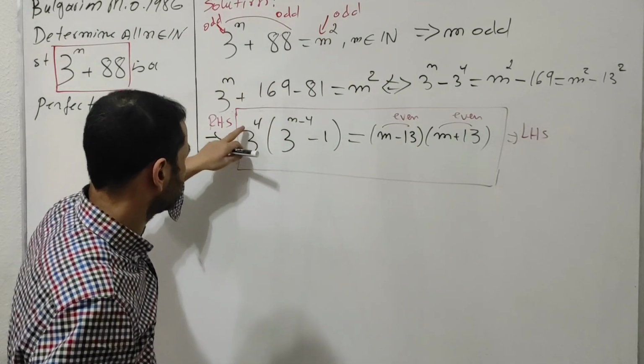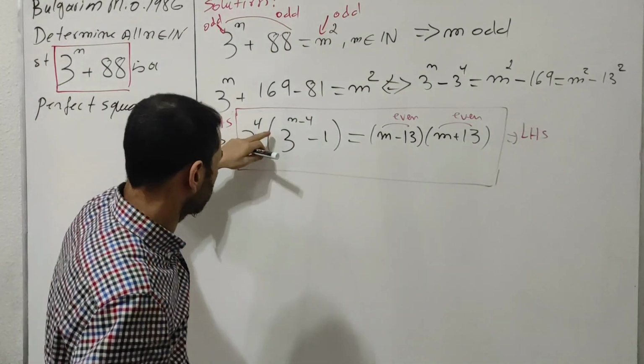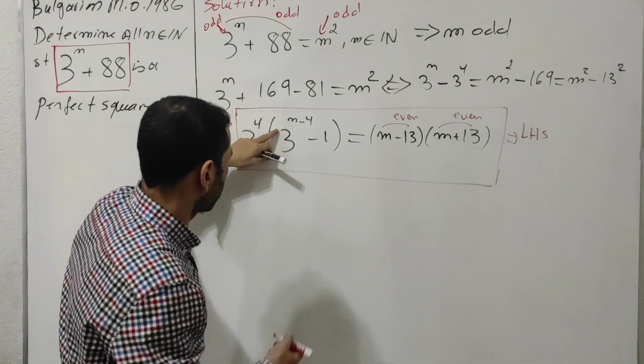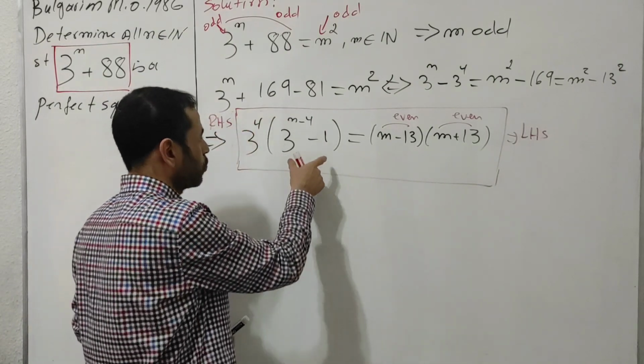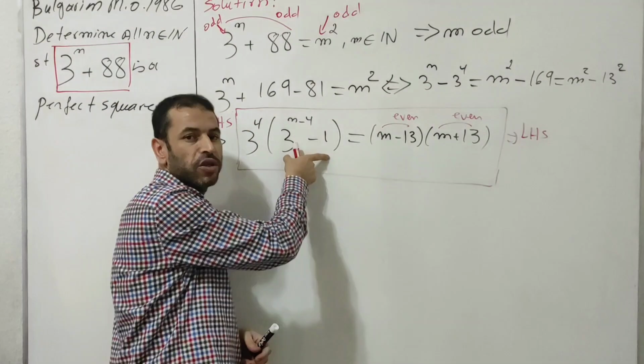But 3 to the 4 is odd, so we need to continue factoring this out to extract the evenness.